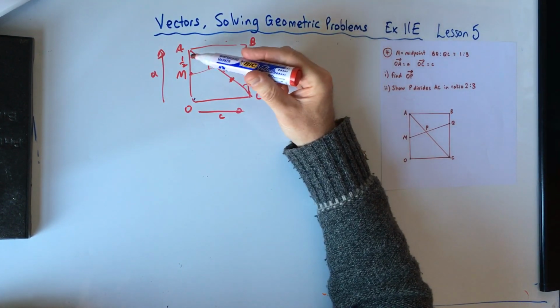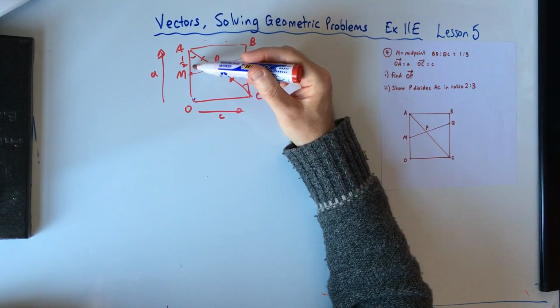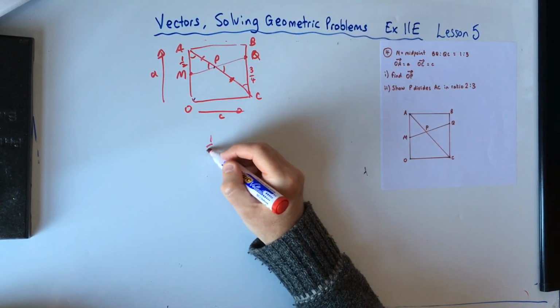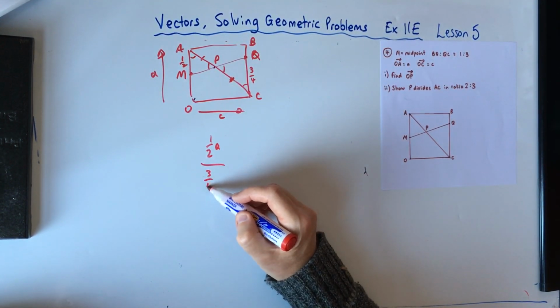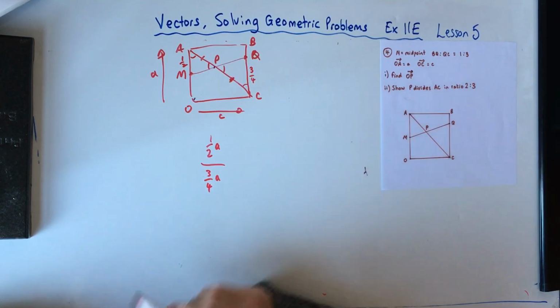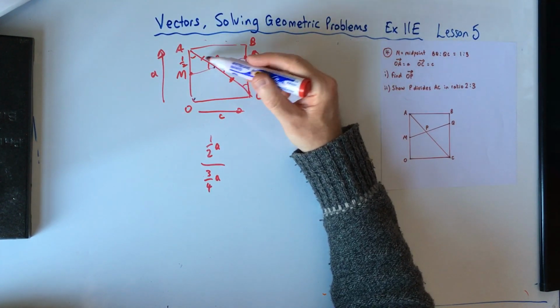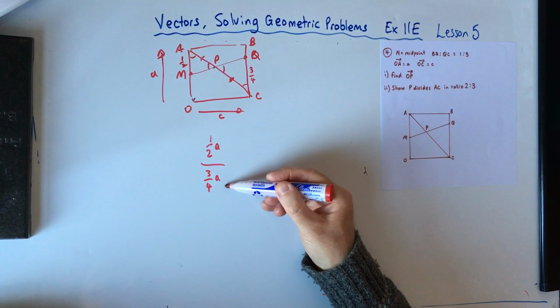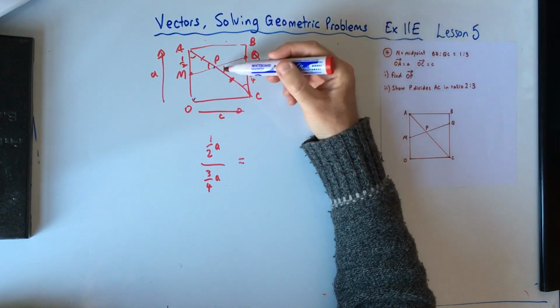So then if you go with a half of A over 3/4 of A, this is equal to the smaller side over the bigger side, which is the same as this to this one.